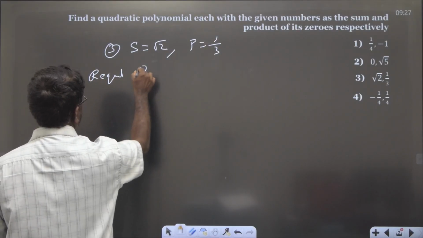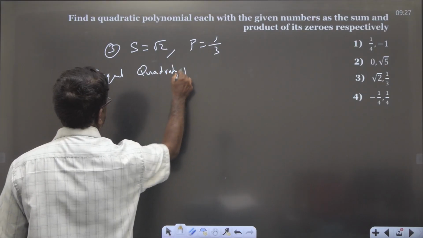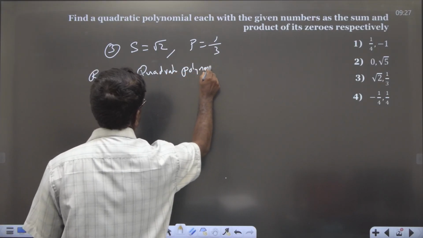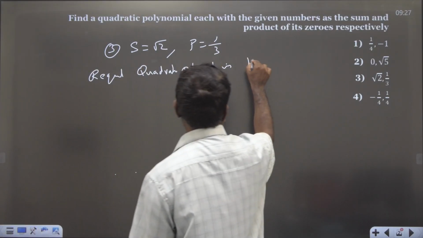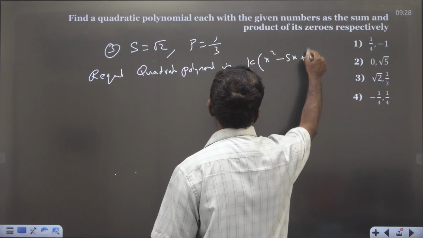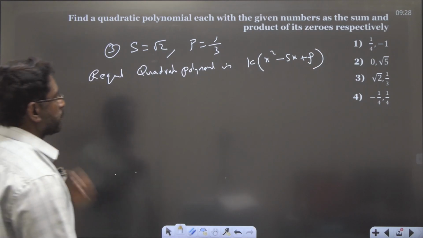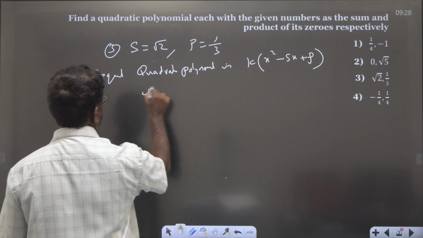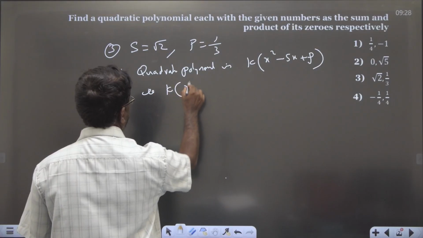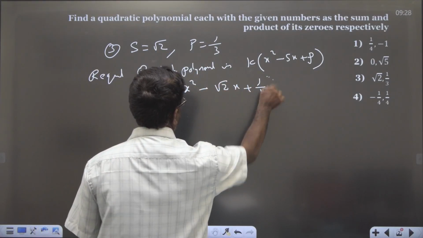The required quadratic polynomial is, what is the formula? k into x square minus sx plus p. This is the fundamental formula. That is, what is it? k into x square minus root 2x plus 1 by 3.